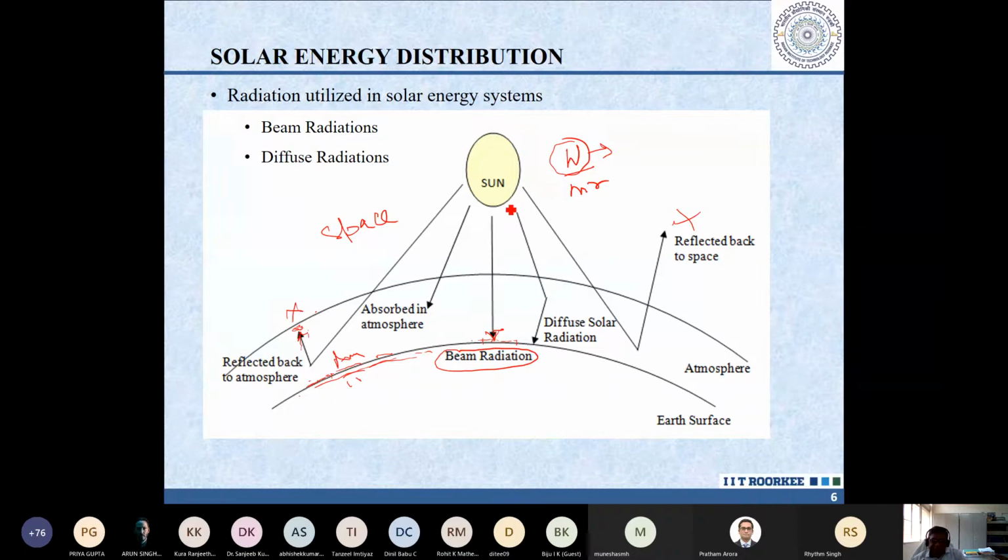And a part of the solar radiation enters the atmosphere but is diffused.